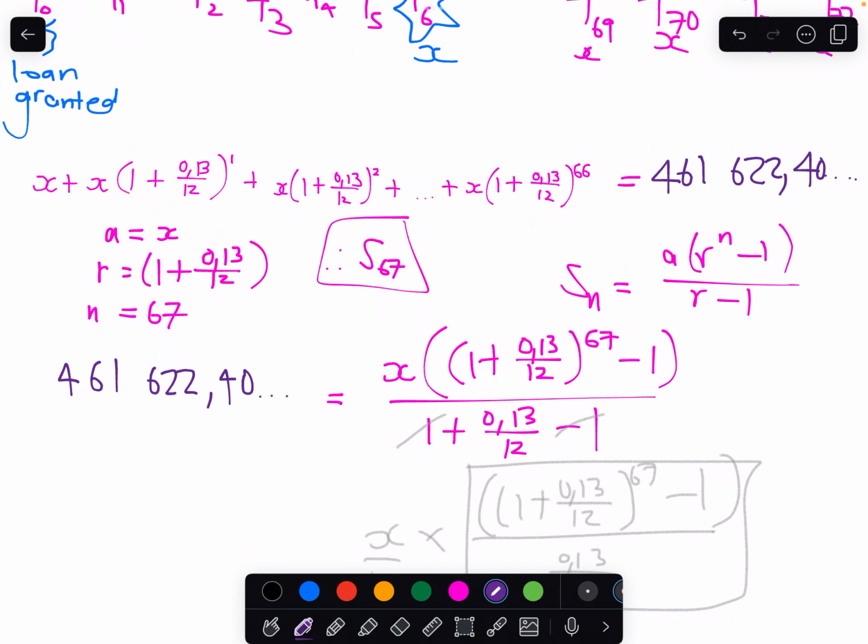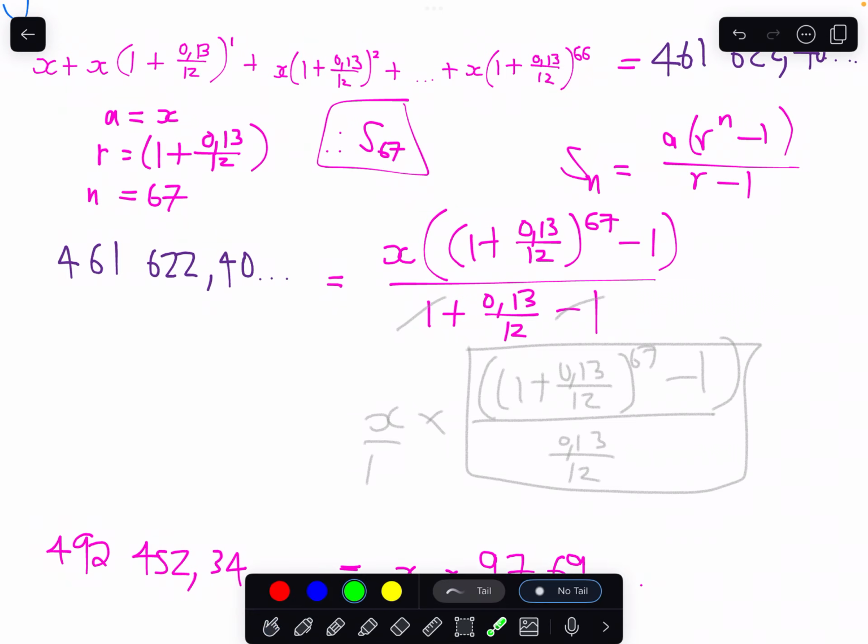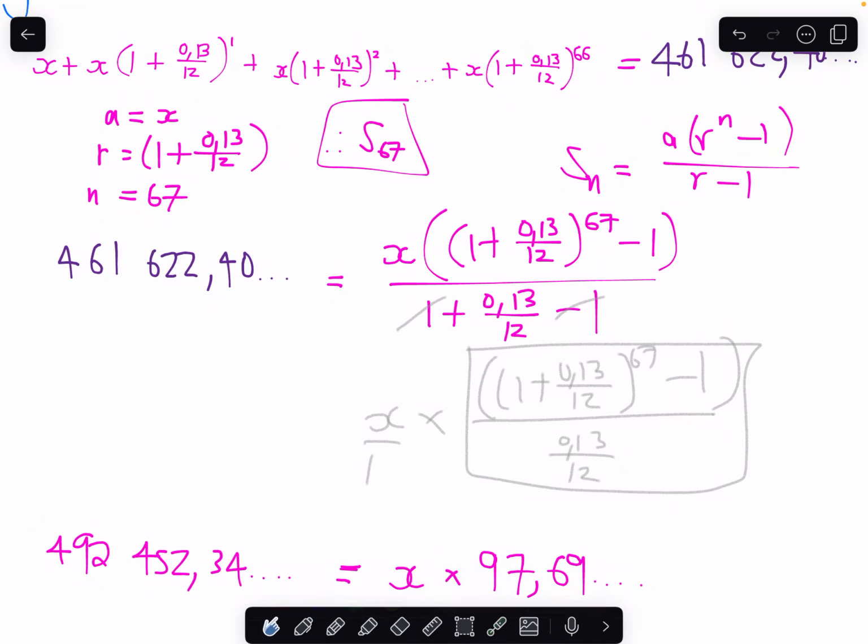So once you divide this by this, you'll actually see that this is the present value formula in disguise. This is where the present value formula comes from.